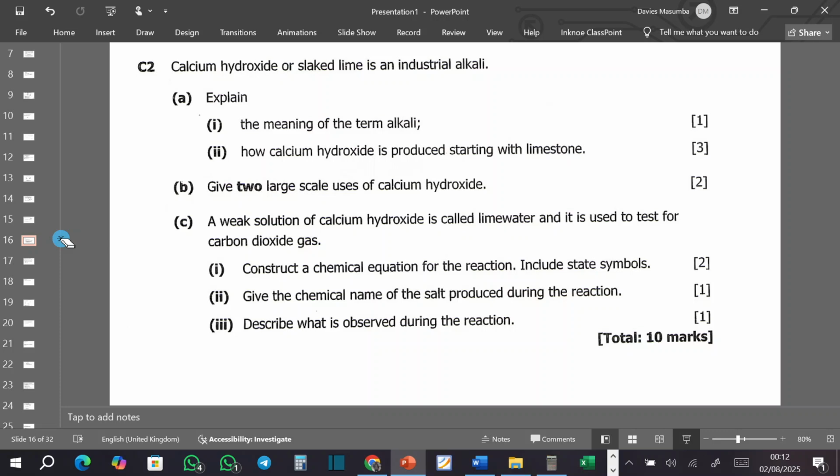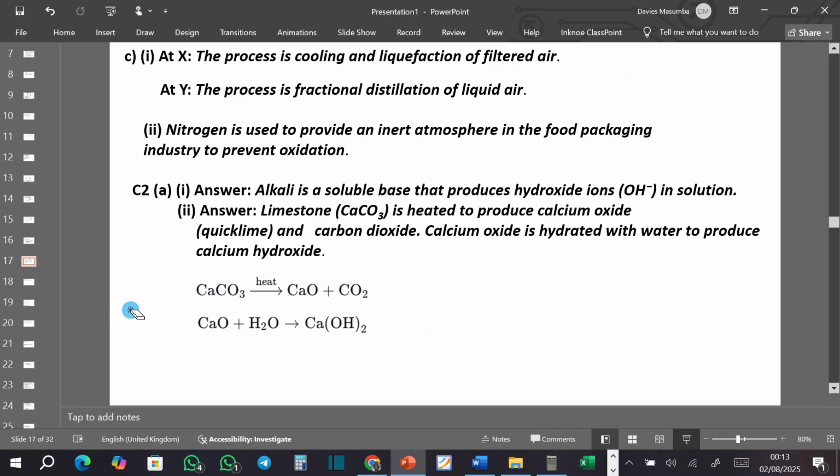Then we go back to the next question. Roman numeral 2, explain how calcium hydroxide is produced, starting with limestone. So when you have limestone, which is calcium carbonate, how do you use that to form calcium hydroxide? So this is what we are now answering. Limestone, which is calcium carbonate, is heated to produce calcium oxide, which is quicklime, and carbon dioxide.